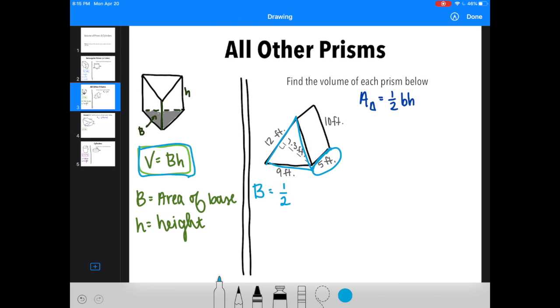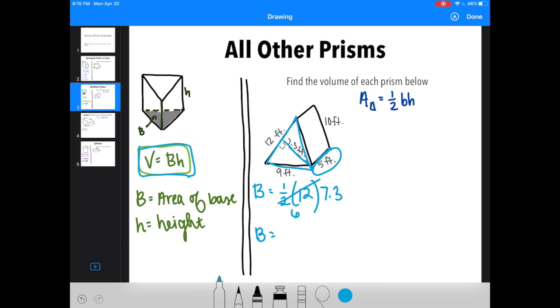And I need to find what my big B is, my area. Well, area of a triangle is equal to 1/2 times base, which is going to be my 12 feet, times height, the height of my triangle, which is 7.3. 1/2 times 12 reduces down to 6.